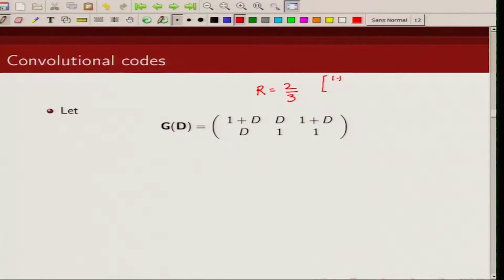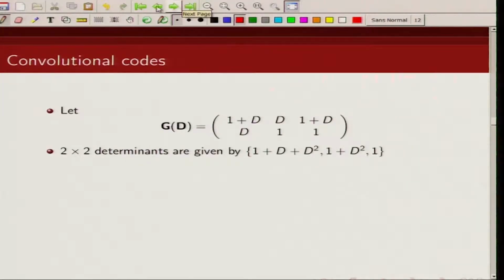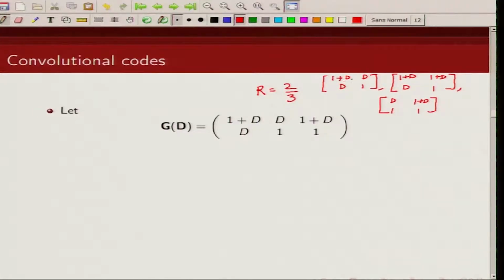One of them is 1 plus d, 1; the next one is 1 plus d, 1 plus d, 1; and the third one is d, 1 plus d, 1. So, these are the 3 2 cross 2 submatrices, and we can find the determinant.